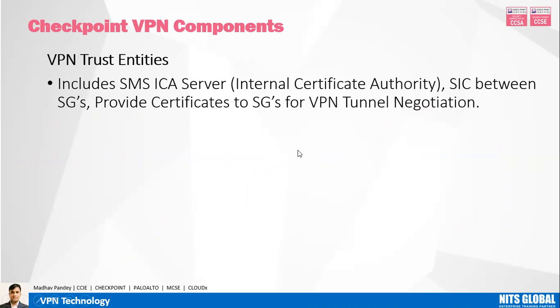Okay, now VPN trust entities. If we talk about what trust entities are, basically they are authentication servers built into any of the organizations, used by gateways to authenticate while building a VPN tunnel, and that is done by certificates.